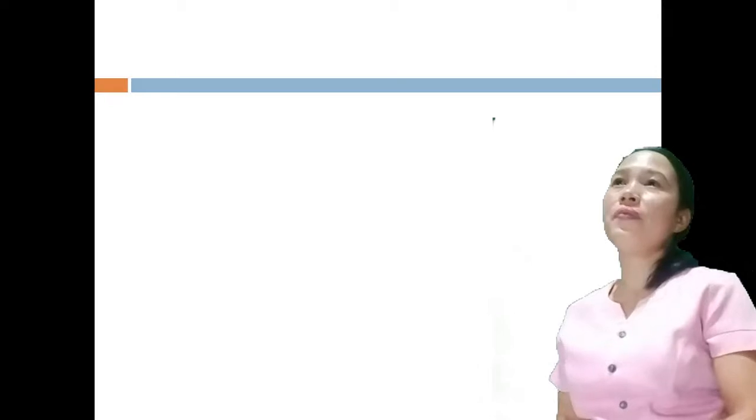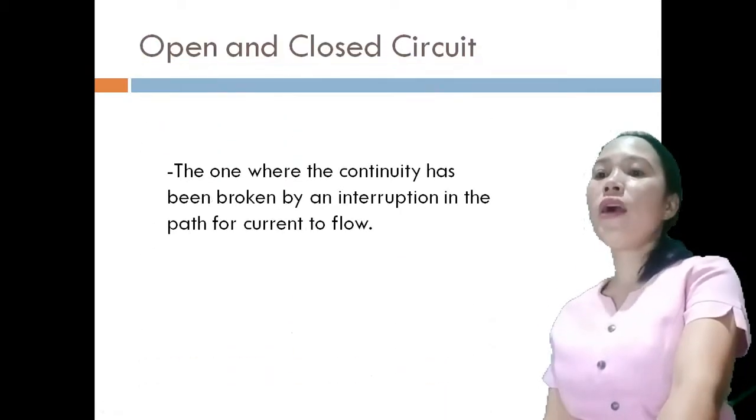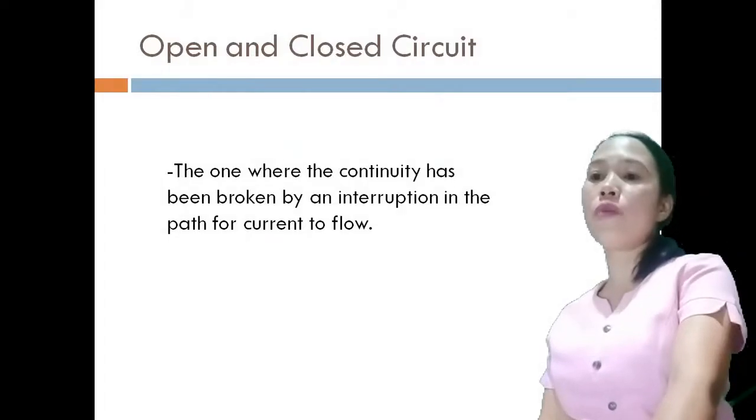Before we continue, let's have a short review on our previous lesson. Everybody pay attention and guess what word is being defined. The one where the continuity has been broken by an interruption in the path for current to flow.